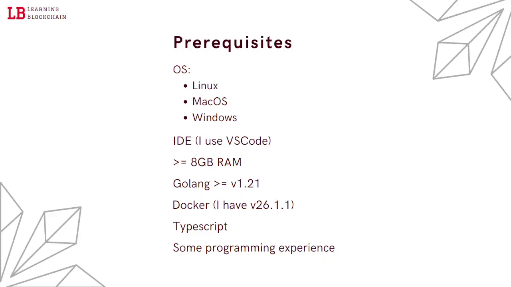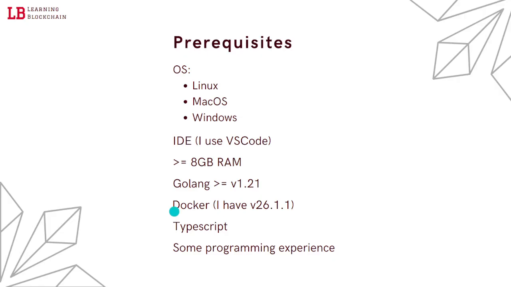You will need an integrated development environment. I will be using VS Code, but you can use the one of your choice. You will need at least 8 GB of RAM to run all the setup smoothly. Golang version 1.21 or higher is required.